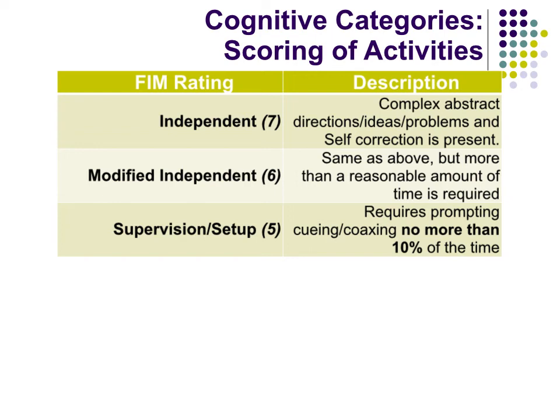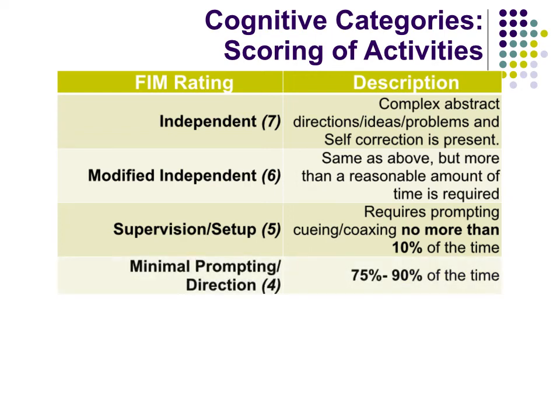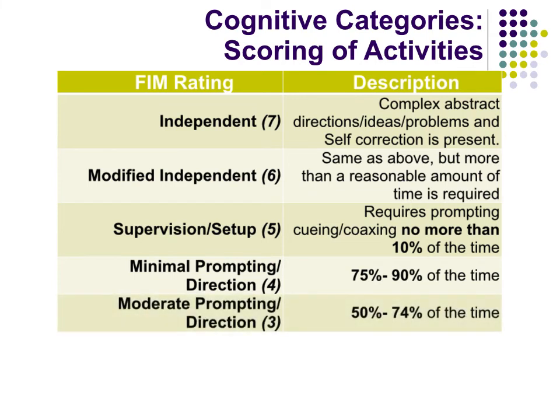Then moving on to supervision and setup, the patient requires prompting and cueing no more than 10% of the time. Then minimal prompting and direction. The patient's able to deal with those cognitive situations 75 to 90% of the time.